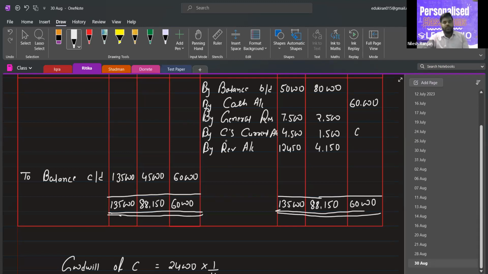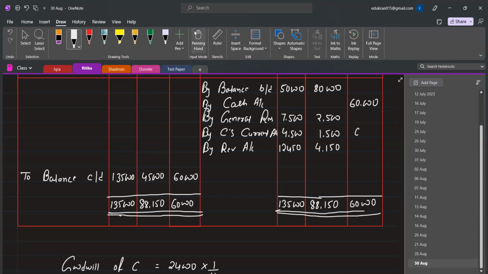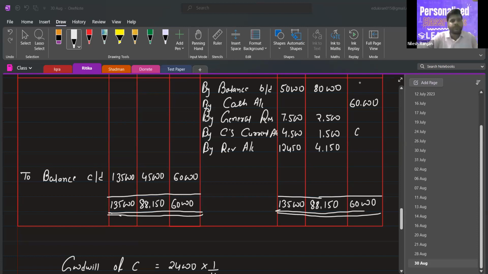Just one minute. Okay. Now we will calculate the balance.